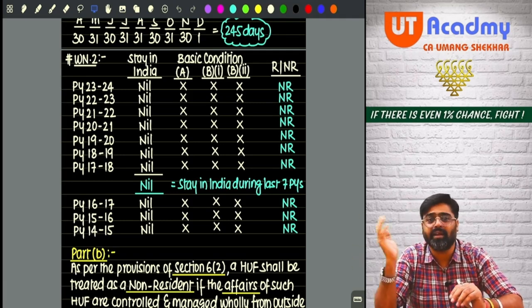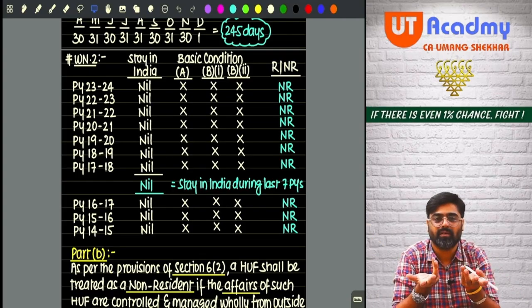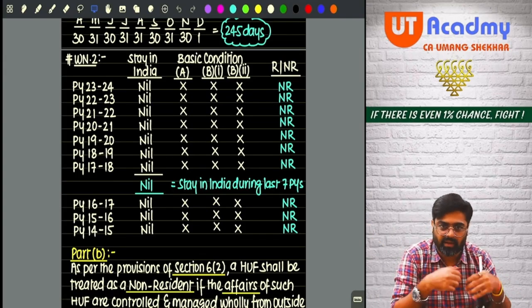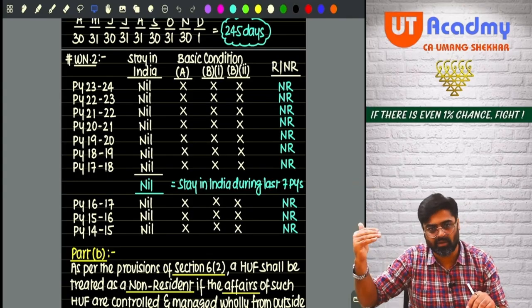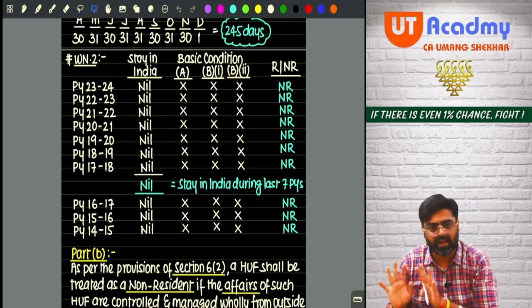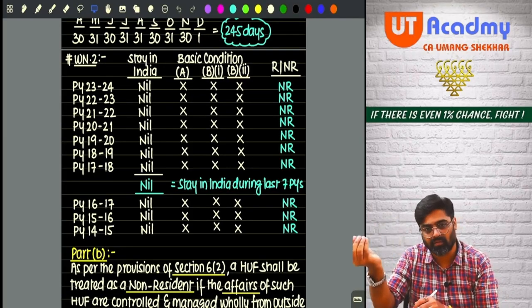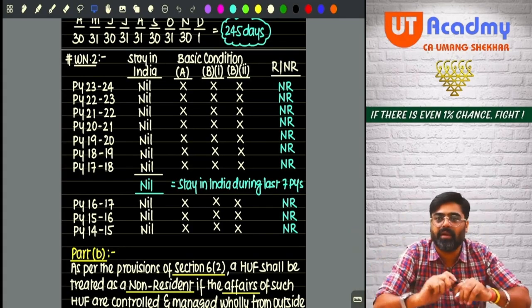Now check the last 10 years. So the last 10 years, what 10 years? 24-25 is the current year. The last 10 years will be 23-24, 22-23, 21-22 like this. So I am not supposed to take any number of days from past years for my current year. Getting my point?